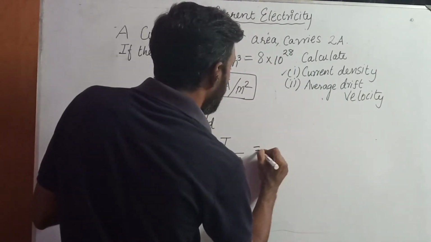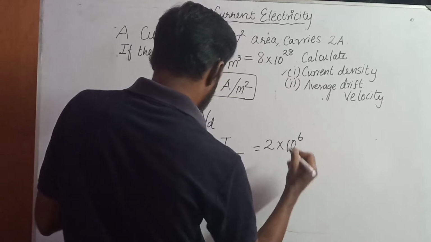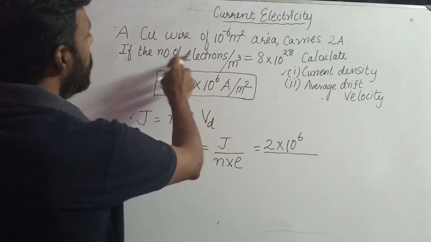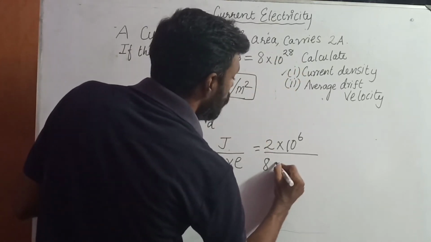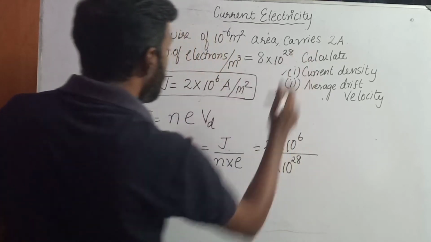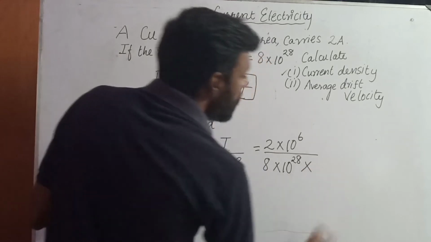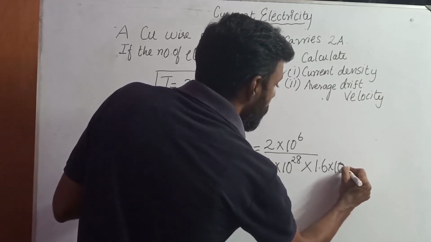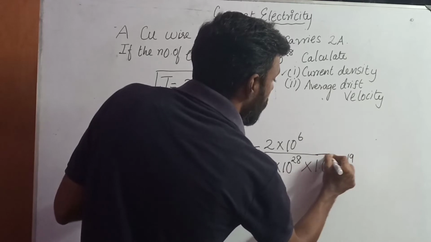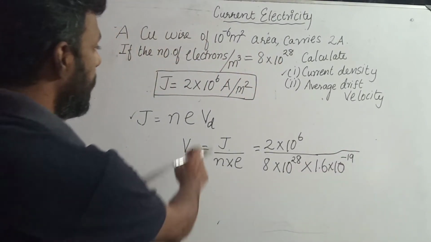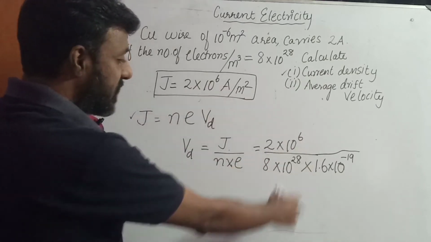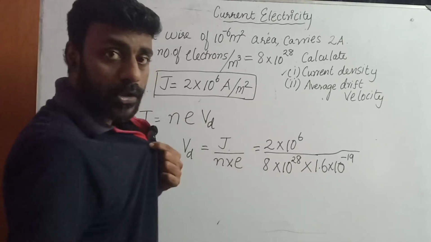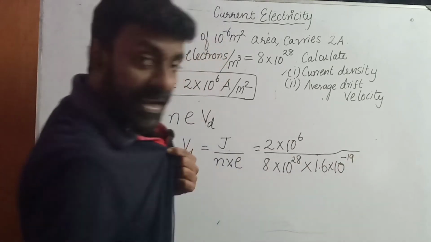So Vd is 2 into 10 to the power 6 divided by N, the number of electrons, 8 into 10 to the power 28, into the charge of an electron, 1.6 into 10 to the power minus 19 coulombs.